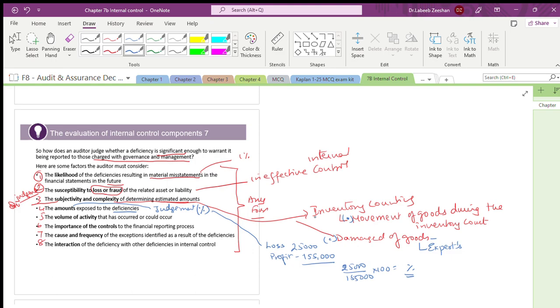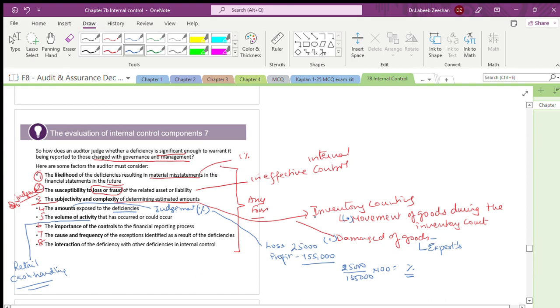Now what happens? The volume of activity. Take an example again: you are talking in terms of the retail industry. In a retail business, the cash handling will be more.